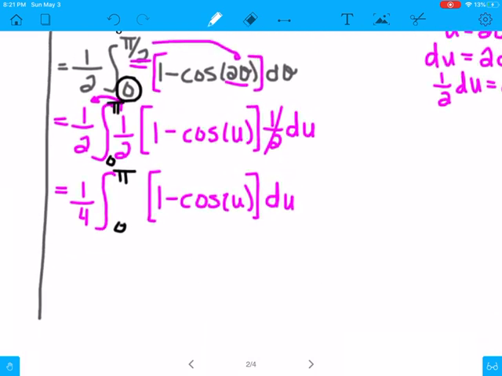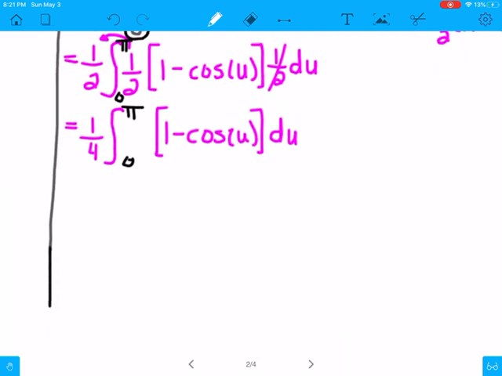And now I can just do my integrals like I did before. So I have 1/4 sitting in front, and then I use my fundamental theorem of calculus. And then when I figure that out, I multiply it by 1/4. So what's the antiderivative of 1? Well, it's 1 theta. Right? Constants always become just the variable.